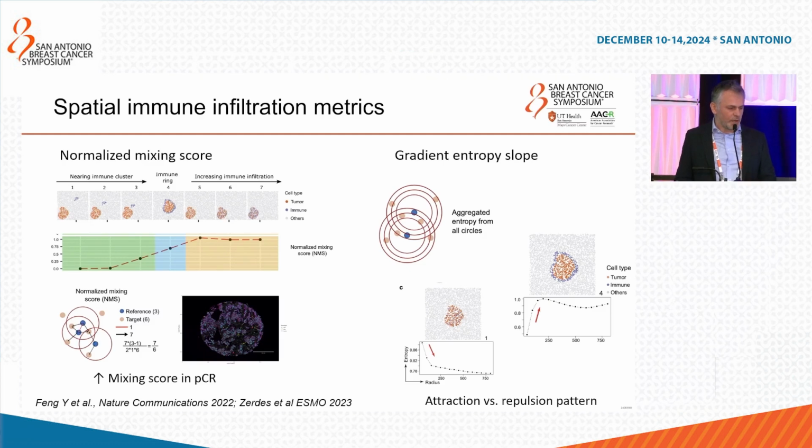So a high score showing a high mixing of the tumor cells and the immune cells led to higher pCR rates, and similarly when an attraction entropy is seen in the tumor, then it's also associated with higher pCR rates as compared to the repulsion pattern of entropy.